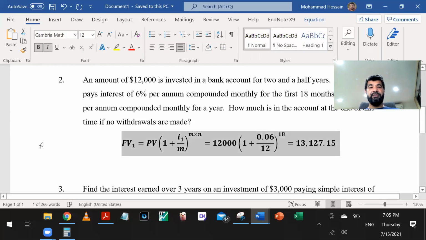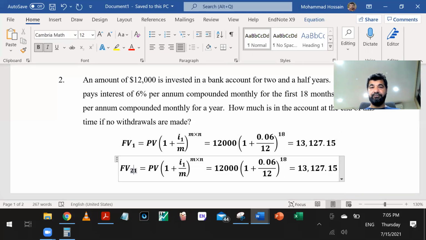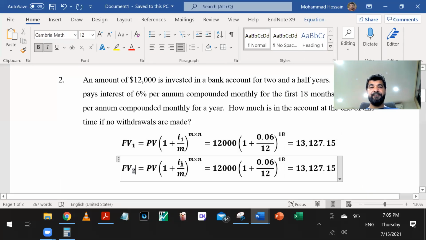Now, we do the same thing for present value, future value for I2.